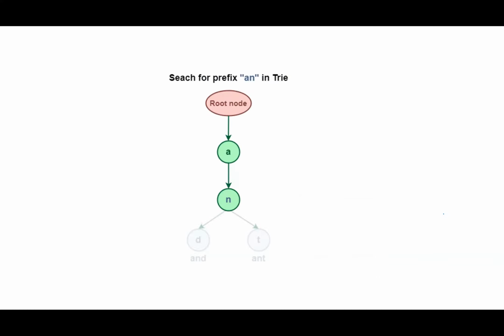One thing is we can search for a prefix. Say I have my own dictionary where I have inserted different words, and someone asks you, does your trie have words starting with an?